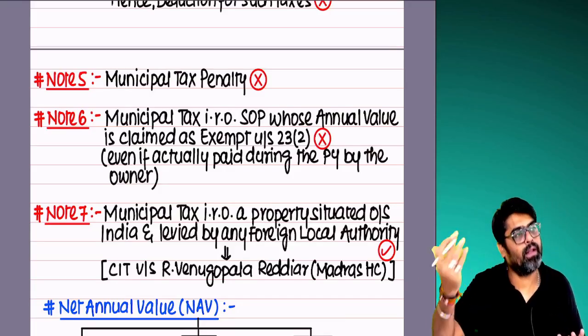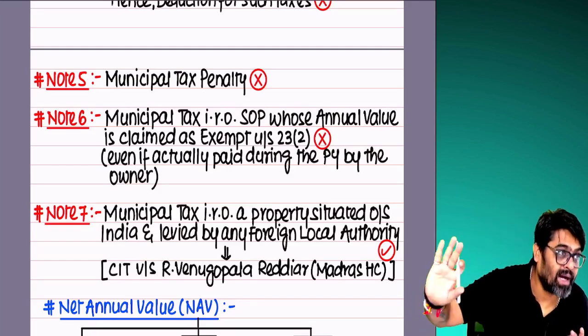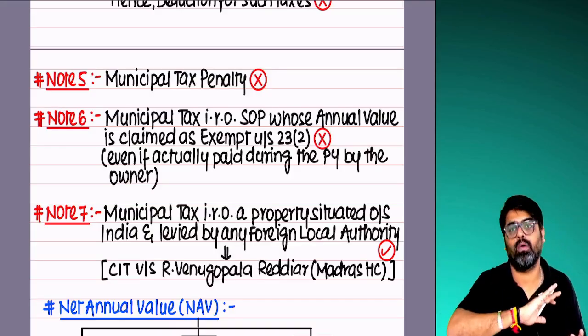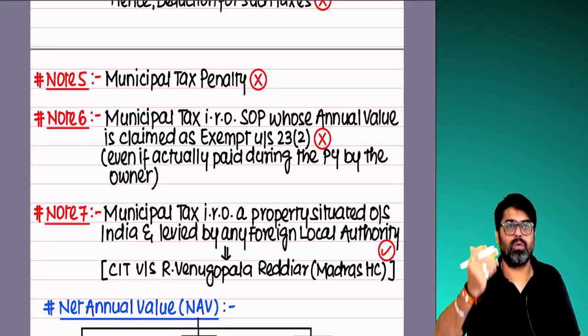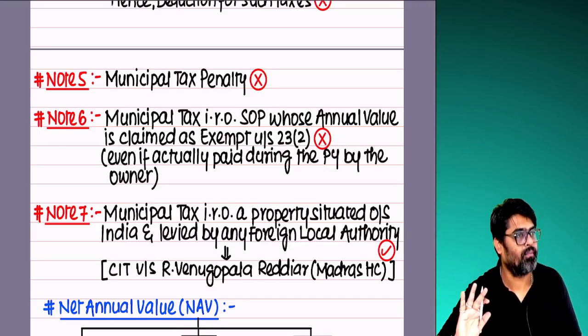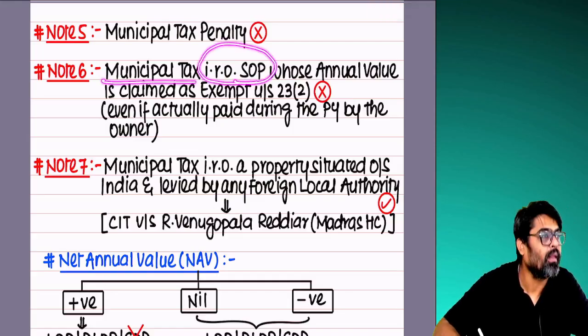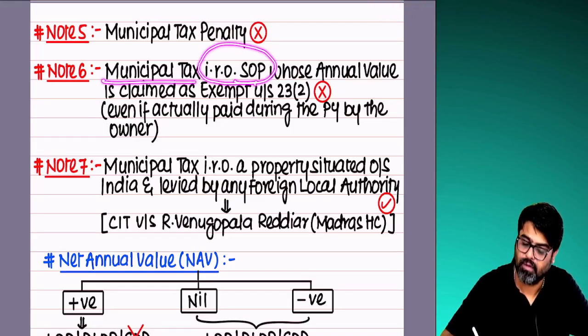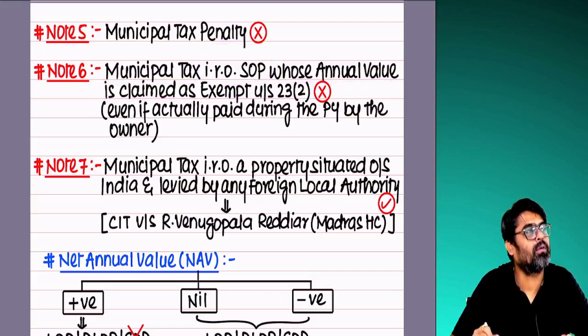If you commit delay and the penalty is charged, that penalty we are not going to allow. Will you claim it as a deduction? What will you do? Ignore. Next one. Municipal tax in respect of property whose annual value is claimed as exempt will be allowed or will not be allowed.